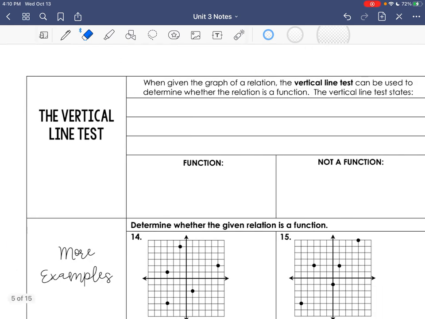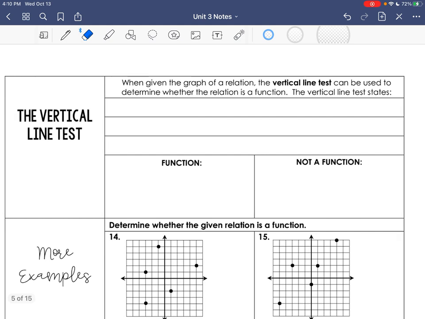Okay, the next page is the vertical line test. So this is how we determine if a graph is a function.